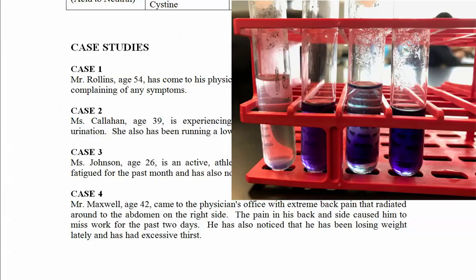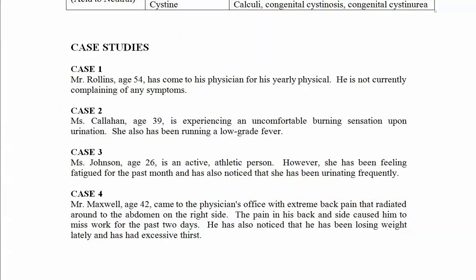And then we would also use our biuret test. So this would test for proteins. And the presence of proteins in urine can also be problematic because it can be indicative of things like renal nephritis and some kind of pathology in the nephron. And also think about this: if you had a glomerular filtration problem where the filtration membrane was compromised, then some of those albumins could get out and they could get into the filtrate.